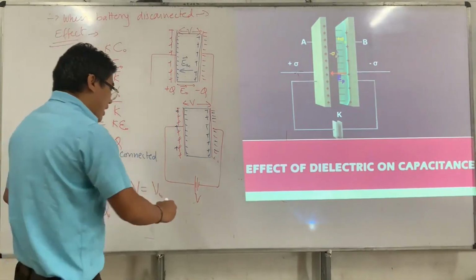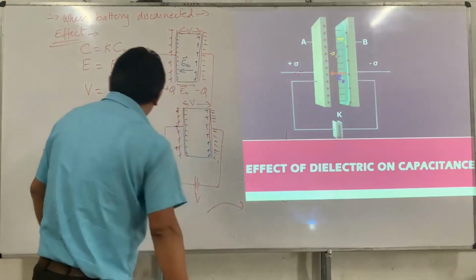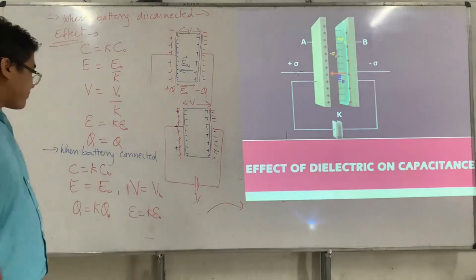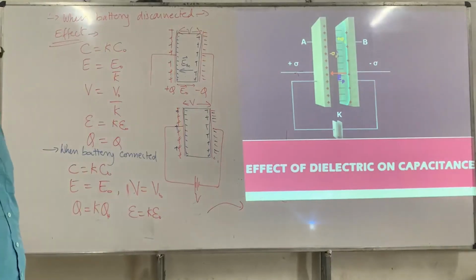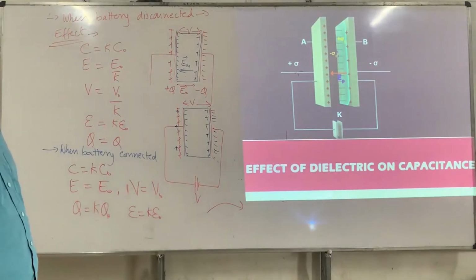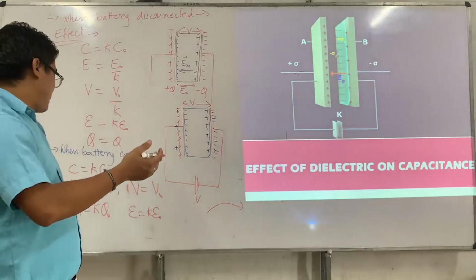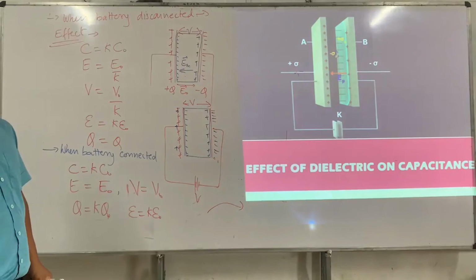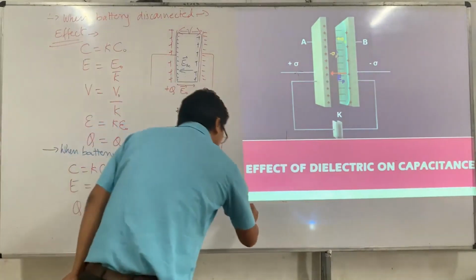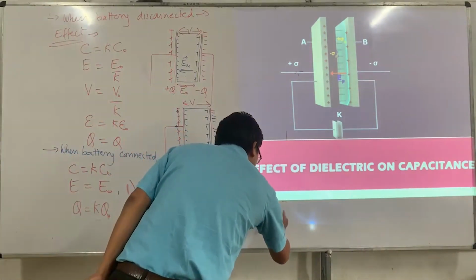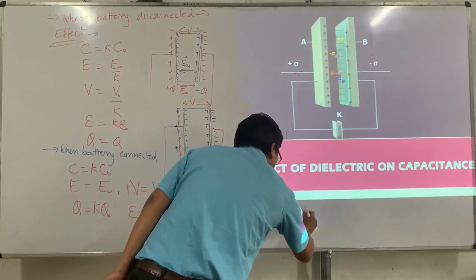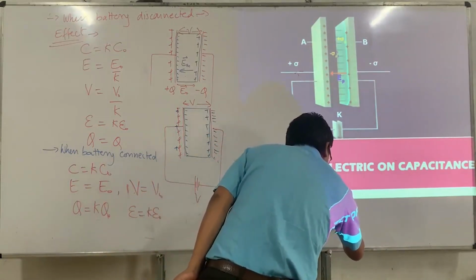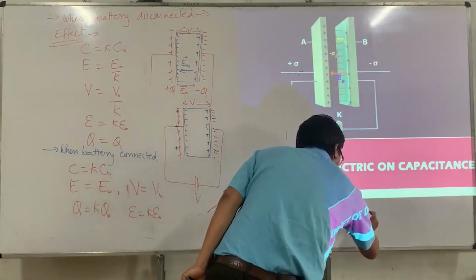So here I'll define another definition of capacitance. A capacitor with higher capacitance stores more charge under a given potential difference.